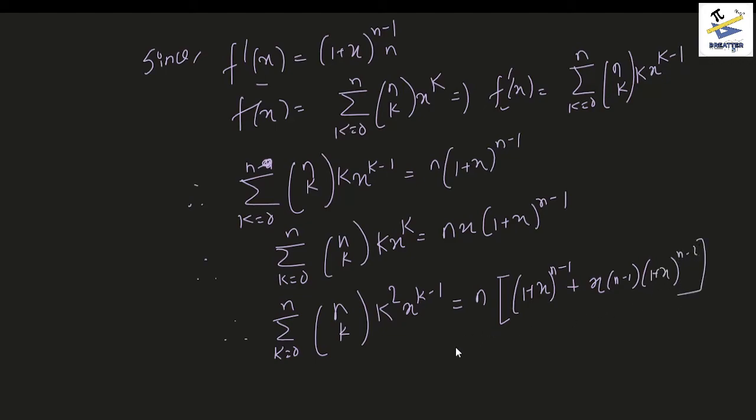So the final answer here becomes n into 1 plus x whole to the power n minus 1 plus n into n minus 1 into x into 1 plus x whole to the power n minus 2, right, for this summation for any value of x.